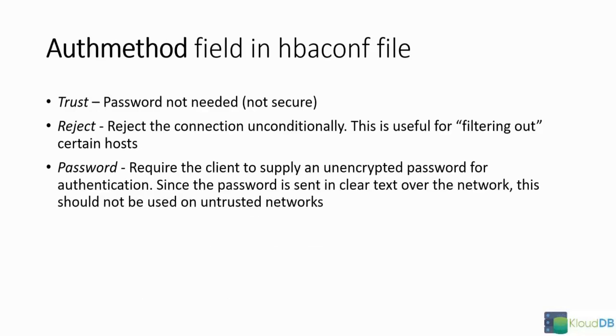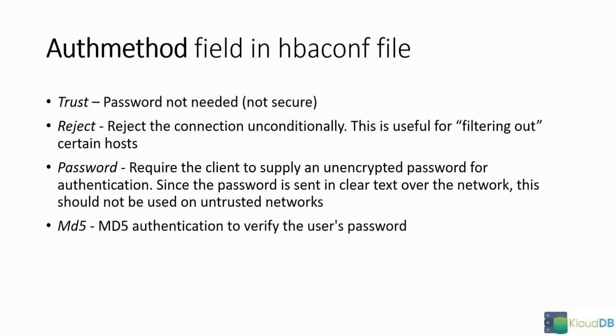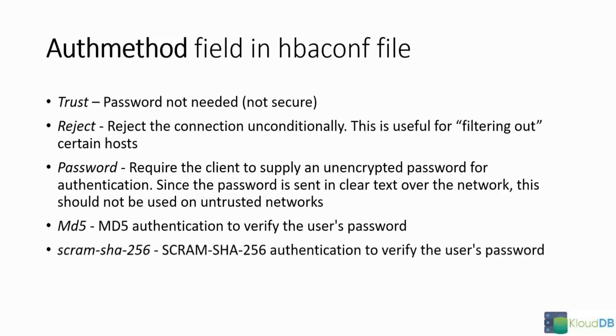Also, the password option is here. It requires the client to supply an unencrypted password for authentication. Since the password is sent in clear text over the network, this should not be used on an untrusted network. MD5 authentication is used to verify the user's password when you give MD5.